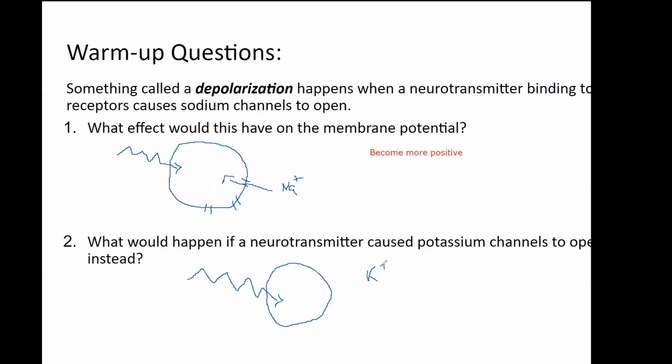Now we already had a bunch of potassium leak channels open, but it's going to open even more channels. So what's going to happen to our membrane potential now as we increase permeability to potassium? It'll get negative because we have a lot of potassium in the cell and it'll start to leave. Exactly. Our potassium is going to leave the cell, which means it's going to become more negative.